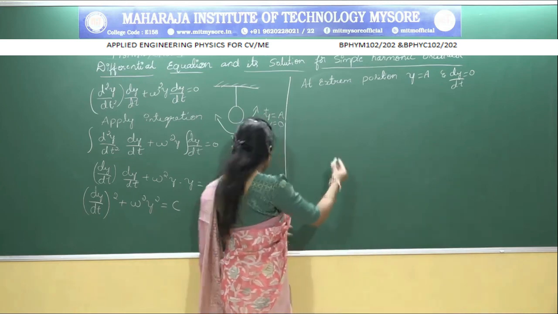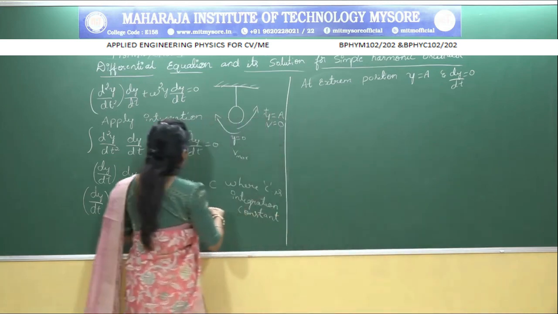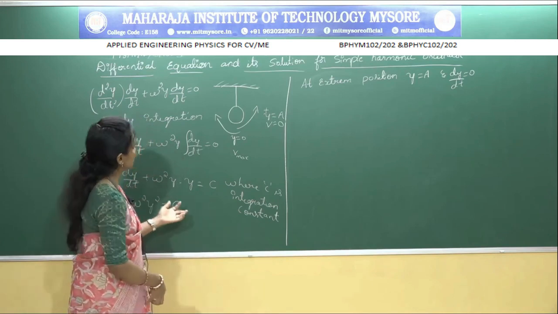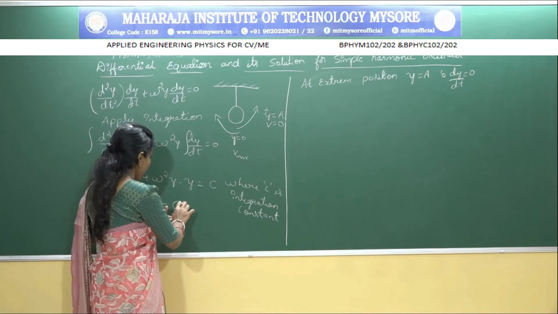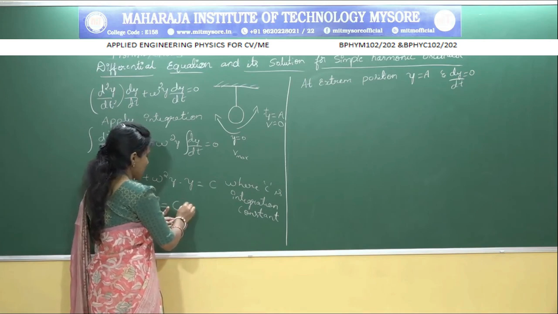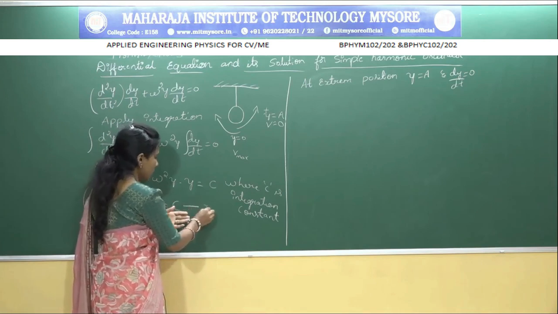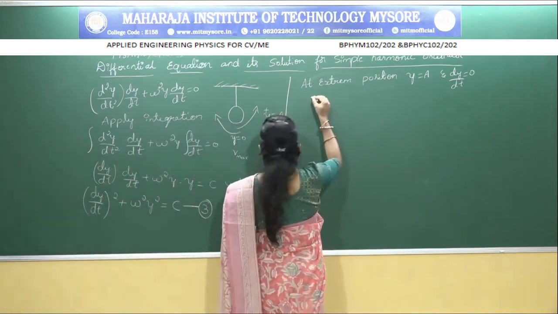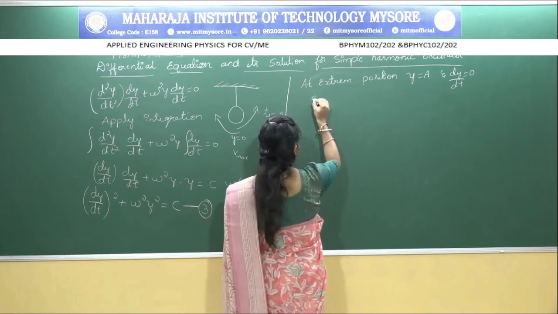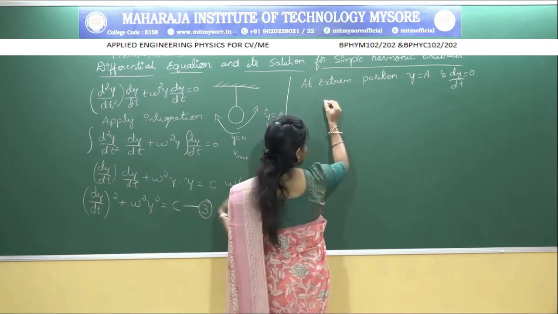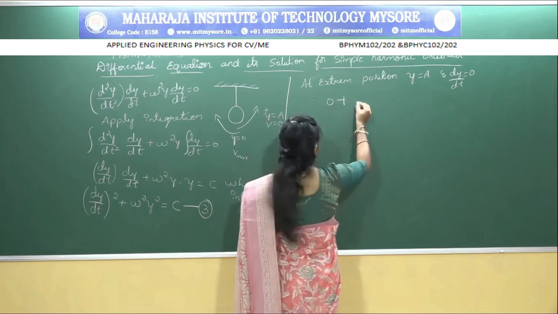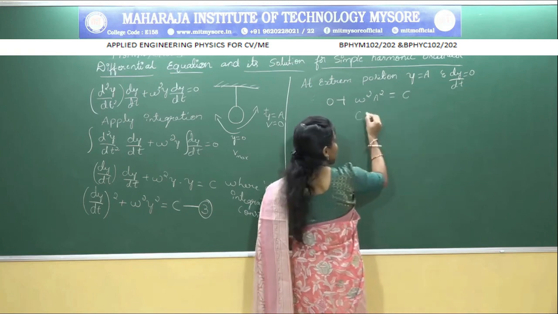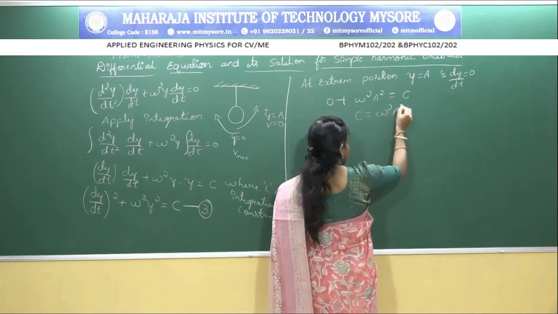So at this condition, this equation, which we can name equation 3, will become 0 plus omega square a square is equal to c. So c is equal to omega square a square.